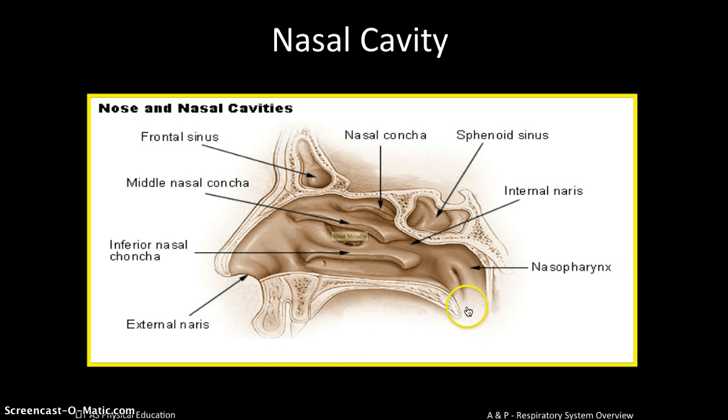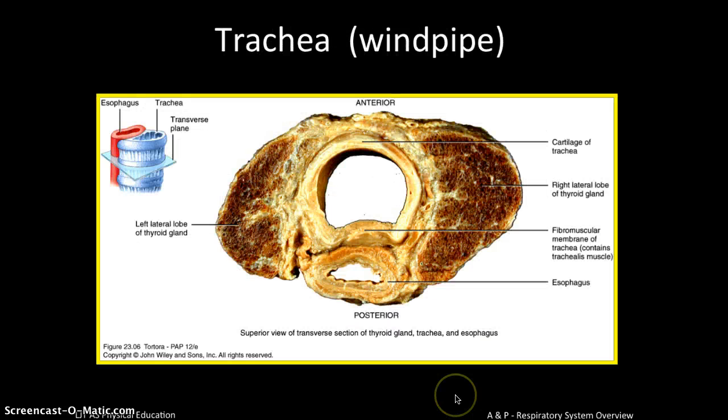It's all joined at the back here. And the nose has an important job in warming air and also filtering. We've got lots of little hairs called cilia, which filter out a lot of the debris and the dust particles in the air. So it's a cleaning and warming process.